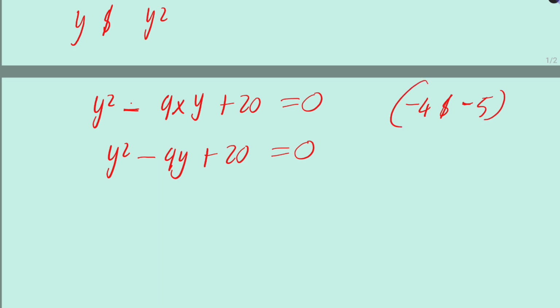Negative 4 times negative 5 will give us a positive 20, and if we add negative 4 plus negative 5, it's going to give us negative 9. So that's how we came out with the factorization.